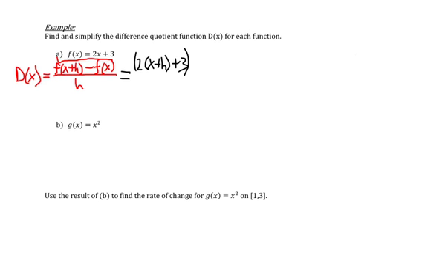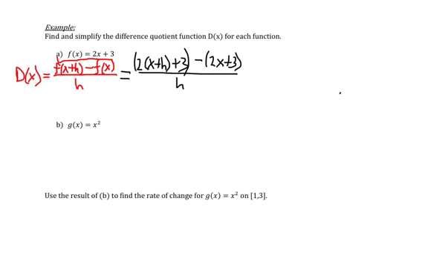Now we have minus f of x. Well, f of x is just this function right here, 2x plus 3. I'm going to copy that down, and parentheses are important here: 2x plus 3. And all that goes over h.